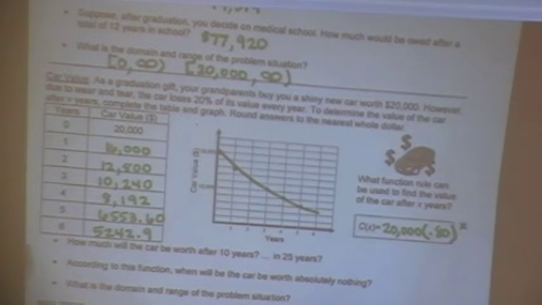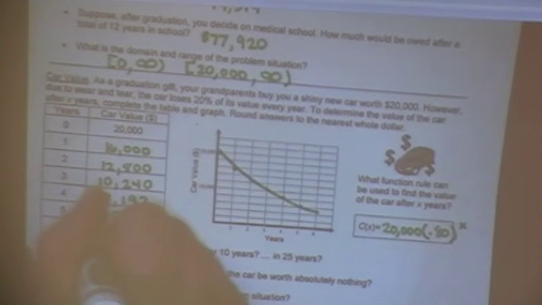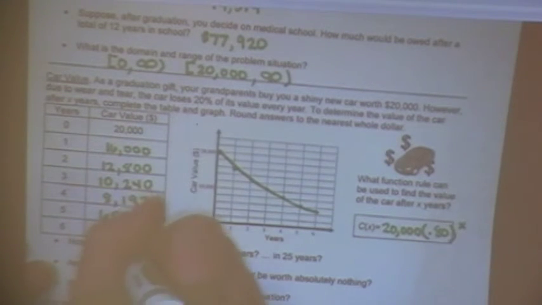It looks kind of like that. So then it asks me on the first bullet, how much would the car be worth in 10 years? $2,147.50.